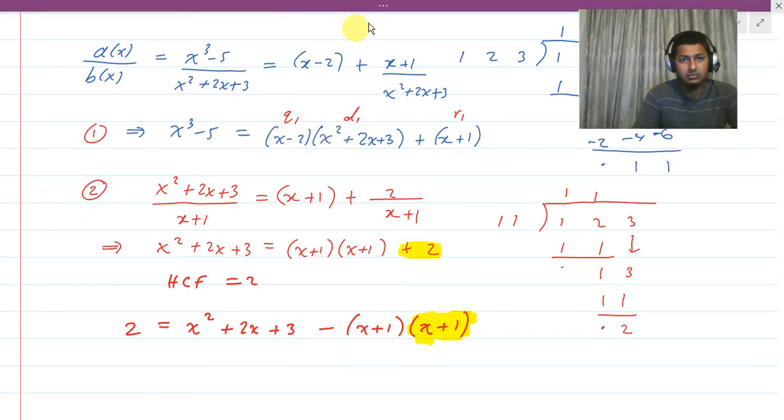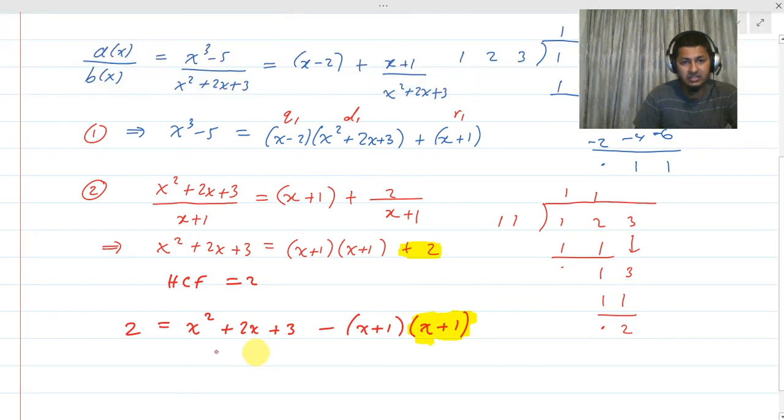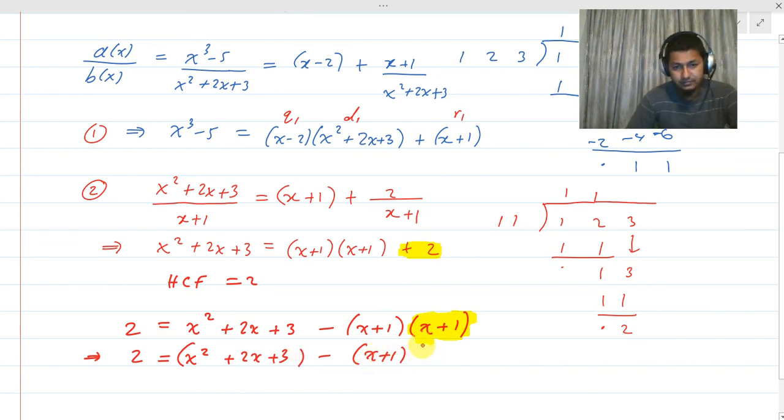So what we can say now is that this is further equal to x squared plus 2x plus 3 minus x plus 1 into x cubed minus 5 subtract x minus 2 into x squared plus 2x plus 3.